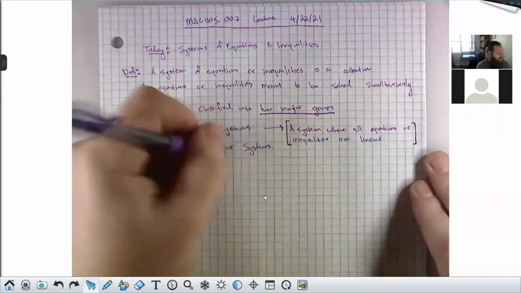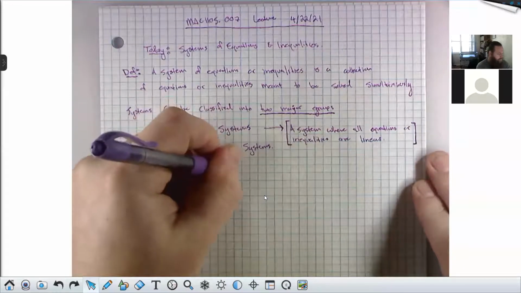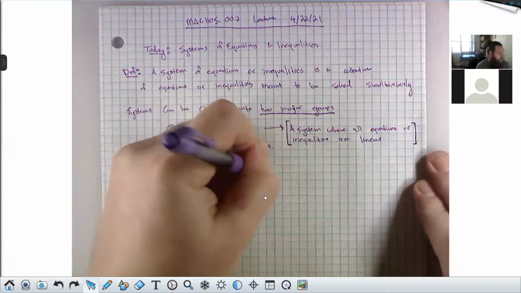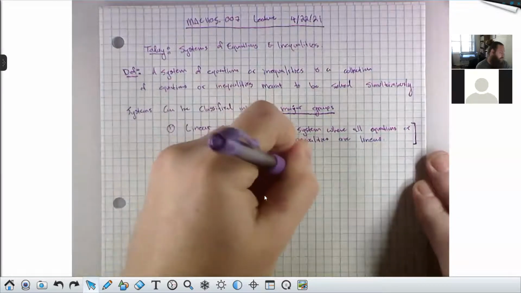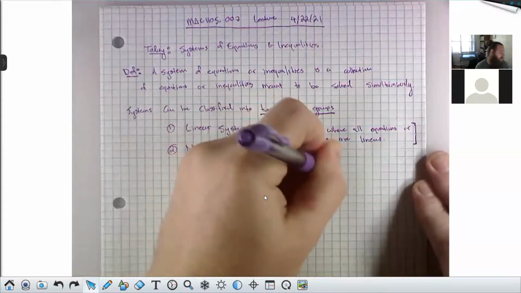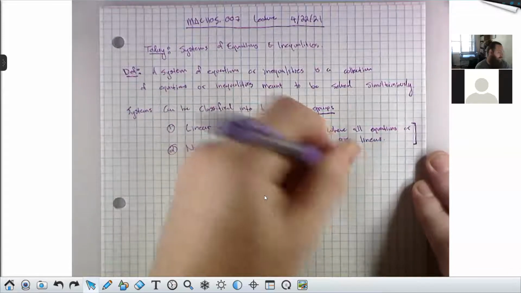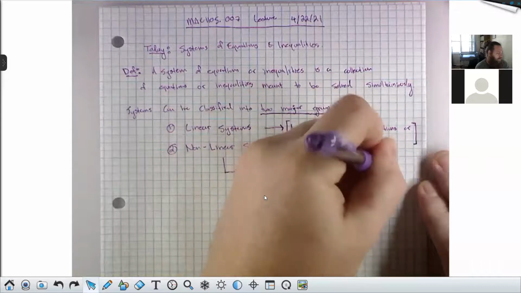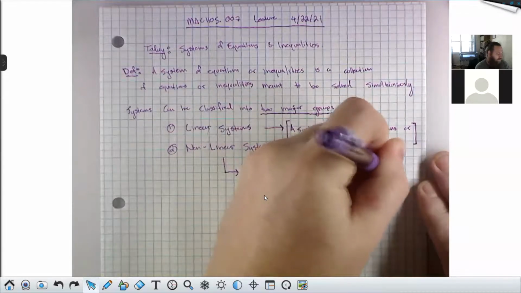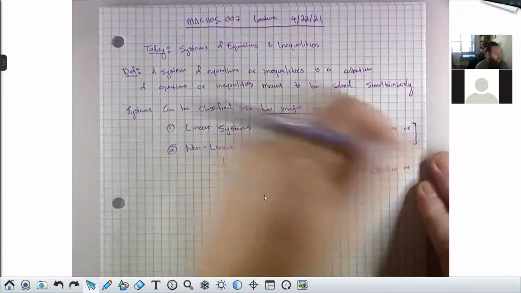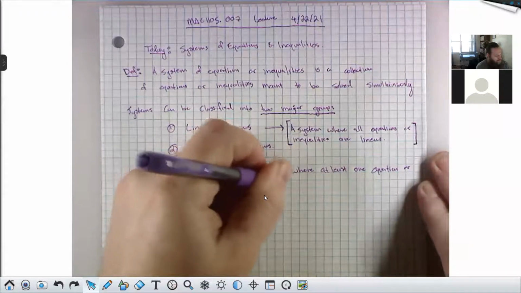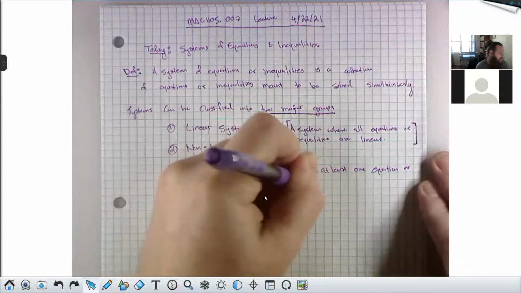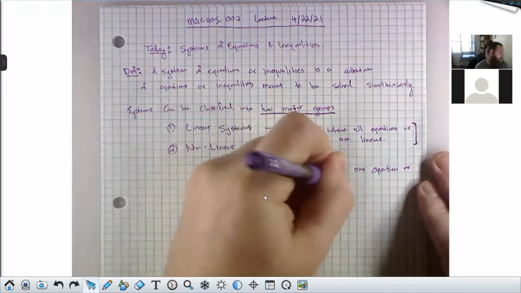A nonlinear system is a system where at least one equation or inequality is not linear.